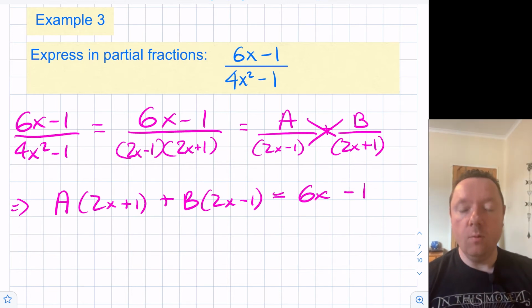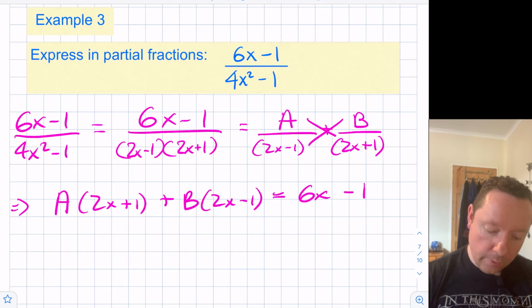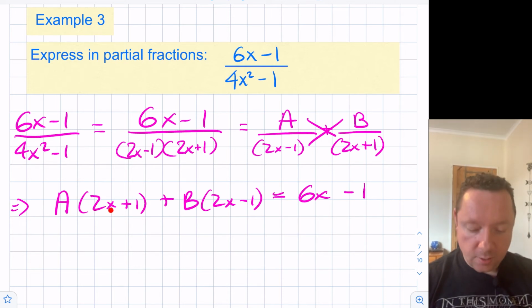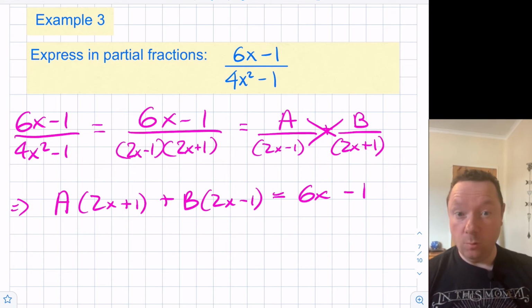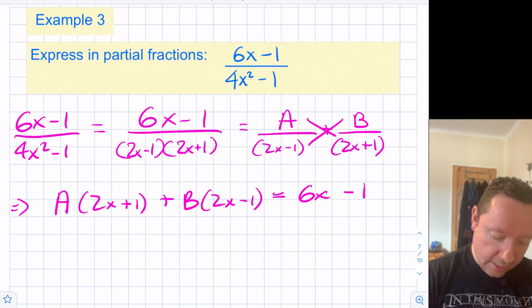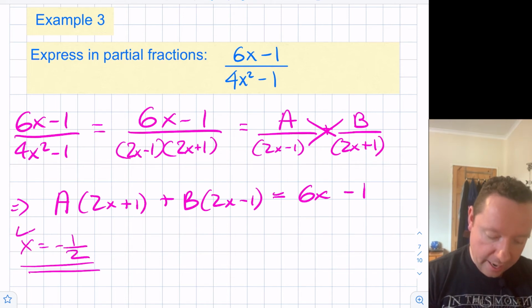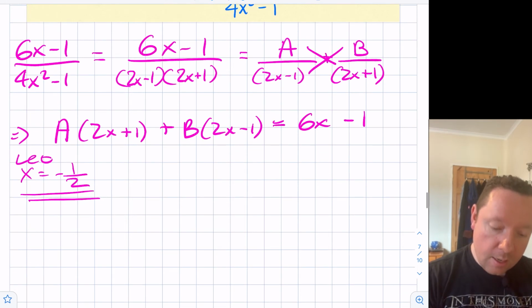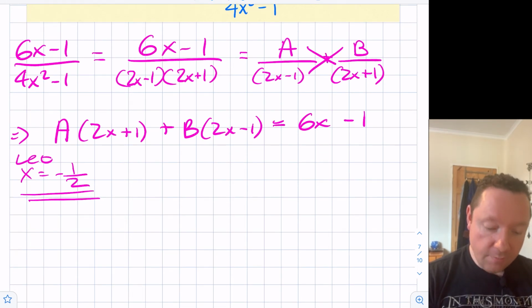Let's try and eliminate one of those brackets again. So we need a number for x so that this bracket disappears. 2 times x plus 1, we want it to equal 0. So that means that x must be minus a half. So we'll just say let x equal minus a half, then you get 2 times minus a half, which is minus 1, plus 1 is 0, so the a disappears.